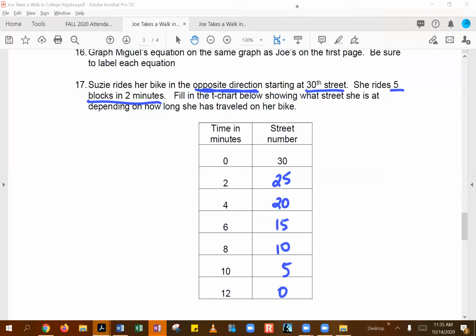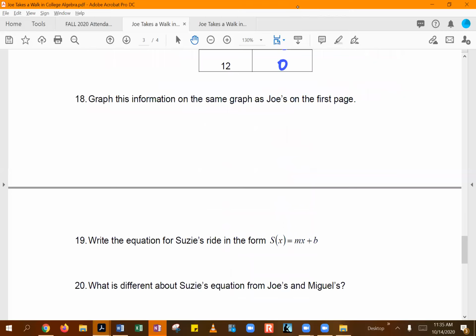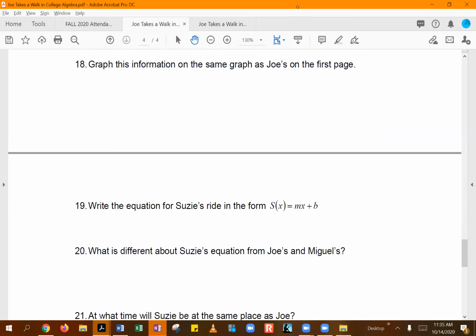Okay. So the next question here, of course, is they're talking about graphing. So we're not going to worry about that for a second here. They want to know what the equation for Susie will end up looking like.